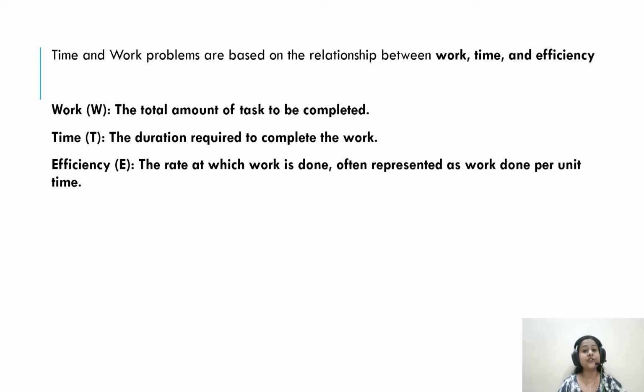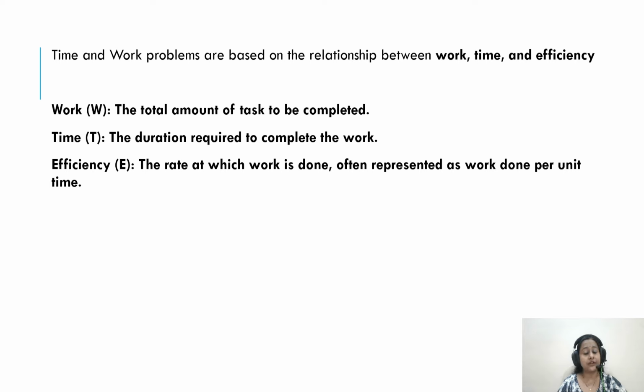Now coming to the most important variable, which is efficiency. So efficiency of a person or efficiency of a machine is to be calculated, and while calculating efficiency, it says that the rate at which the work is done, and normally it is represented as work done per unit. The unit can be days, hours, weeks, or months, right?